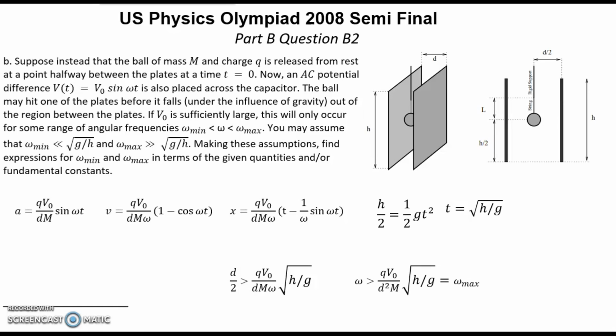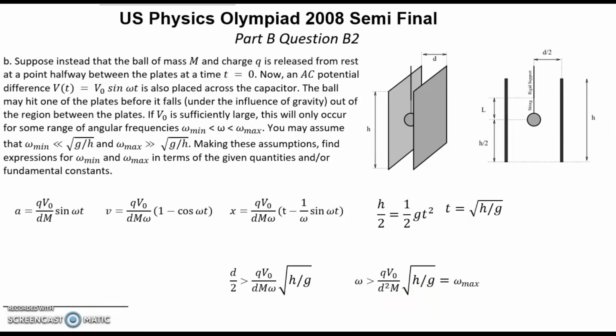In that case, if omega is greater than this expression, which we can call omega maximum, this ball will never hit the plate, but if it's less, it will hit this plate.